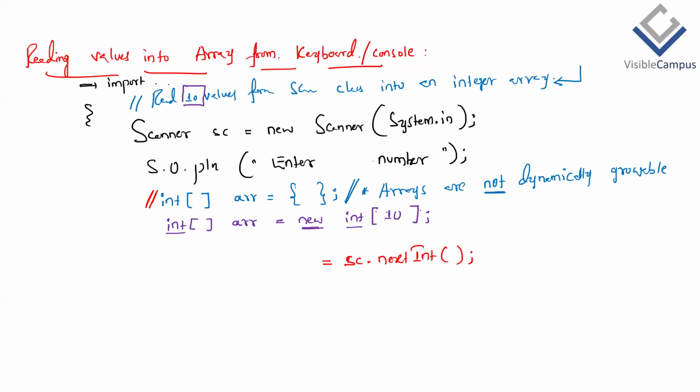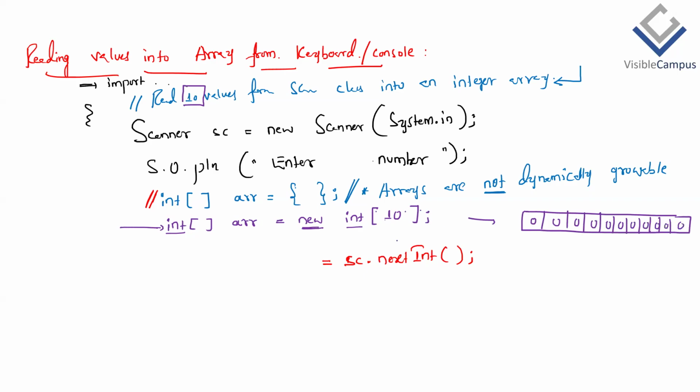Now, one empty array will be created. For this line of code, one empty array will be created with how many cells? 10 cells, because we are giving the size as 10. And what are the values? Initially, default values will be stored: 0 is the default value for integers.